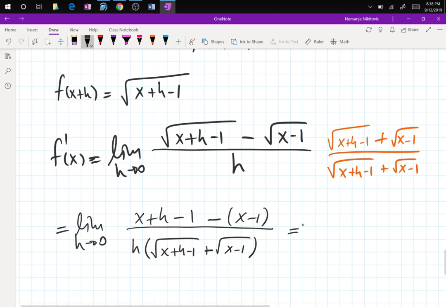In the numerator, as you can see, x minus x is gone, and negative 1 and a positive 1 are gone. This minus will distribute, changing into a plus, right?